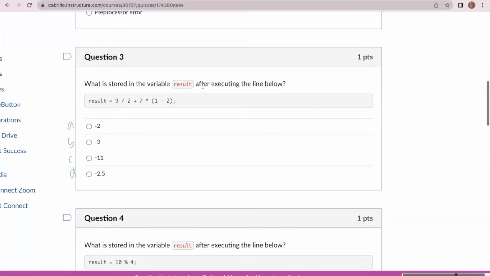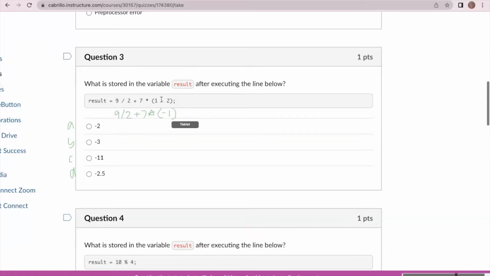So the computer is going to evaluate this expression the same way that we would in math, as in terms of what comes first. So if you guys remember PEMDAS from a very long time ago, that's going to apply here too. So first we're going to do the parentheses. So let's rewrite our equation. 9 divided by 2 plus 7 times, well, the result of what's in the parentheses would be a -1.